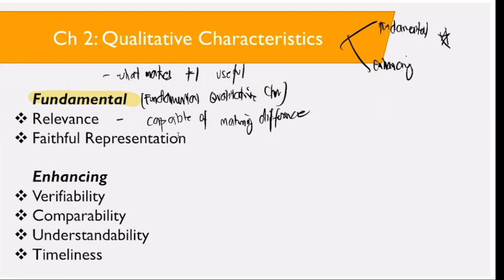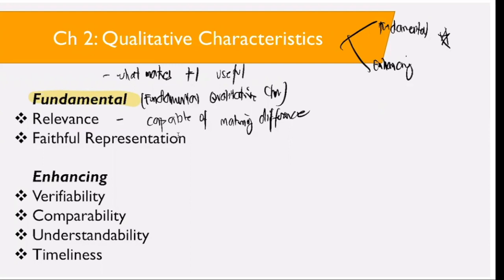Perhaps one item is relevant and another item is not relevant, depending on the transaction or event. So based on your transaction or event, we need to take a look whether it is relevant or not relevant. When we say relevant, it must be capable of making a difference.